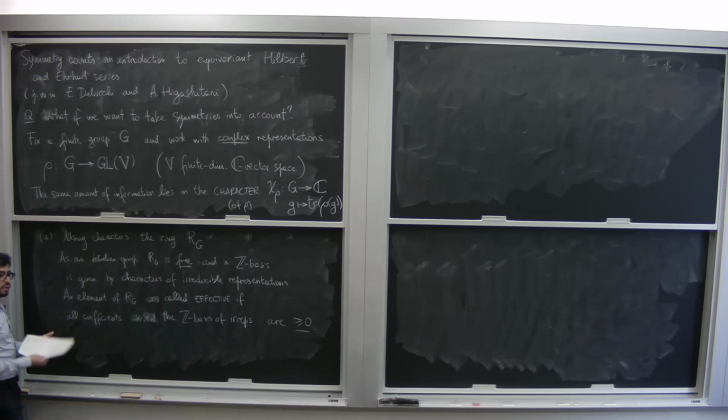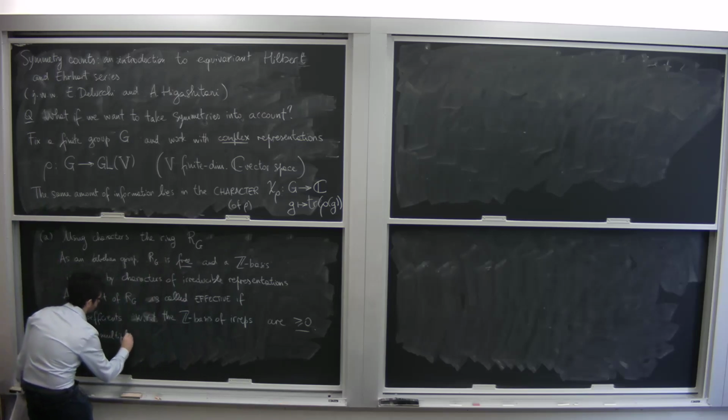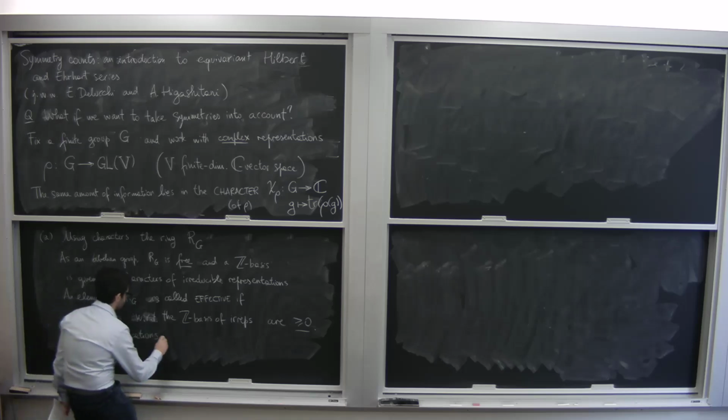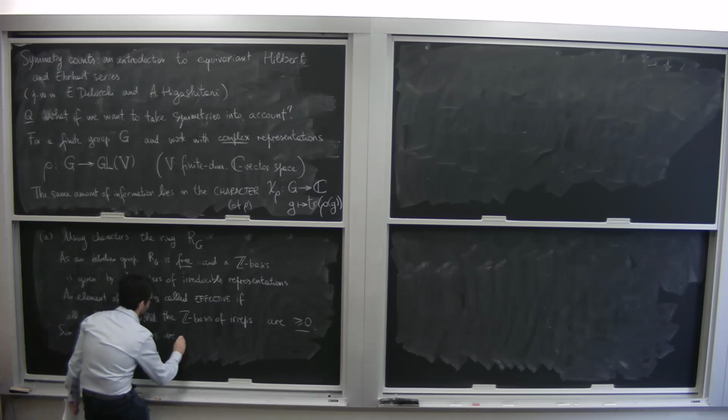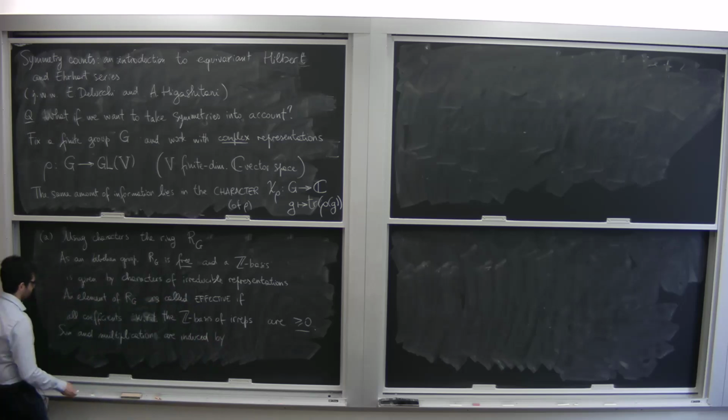How do you multiply things together? How do you sum them? Well, sum and multiplication are going to be induced by the rules that we get for actual characters. So, sorry, I'm going to write it here.